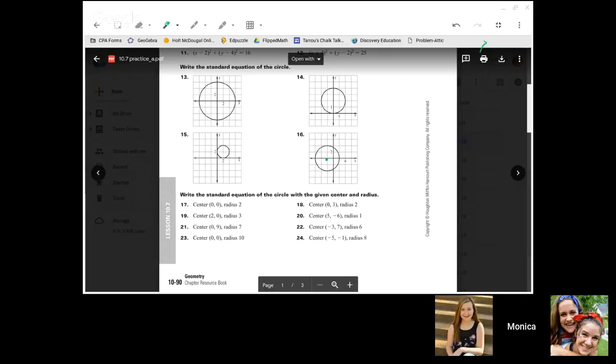Okay, so for 17, you're just taking the center and the radius and you're writing an equation from that. So if it's x minus h, what's your h?